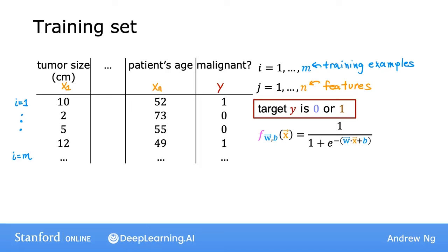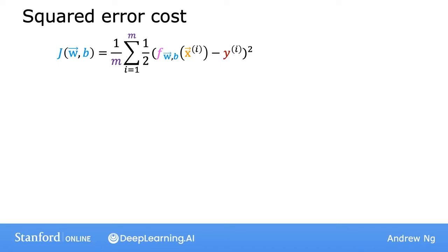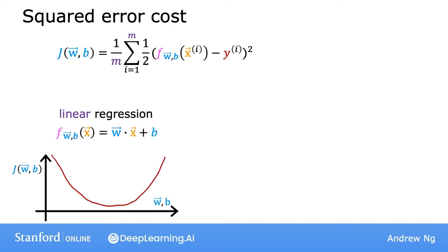Okay, so the question you want to answer is, given this training set, how can you choose parameters w and b? Recall, for linear regression, this is the squared error cost function. The only thing I've changed is that I put the 1/2 inside the summation instead of outside the summation. And you might remember that in the case of linear regression, where f of x is the linear function w dot x plus b, the cost function looks like this, a convex function, or a bow shape or a hammock shape.